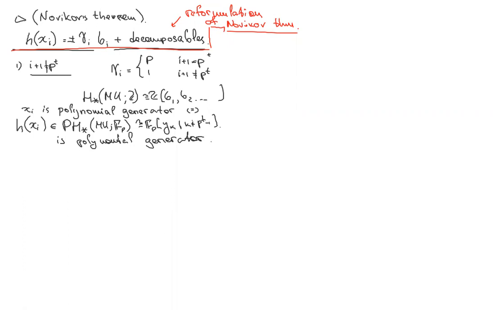Yeah, because if it isn't a polynomial generator, then it is a product of something, and then the Hurewicz image should be a product of something in the primitive element subalgebra. Okay, so does it make any sense at the moment?